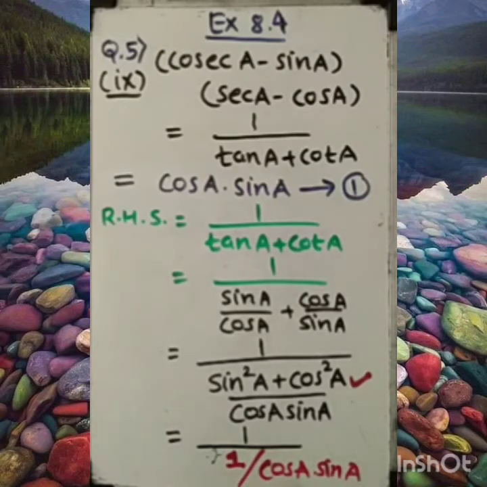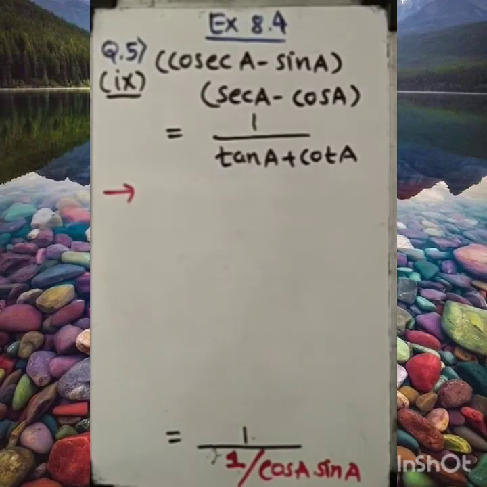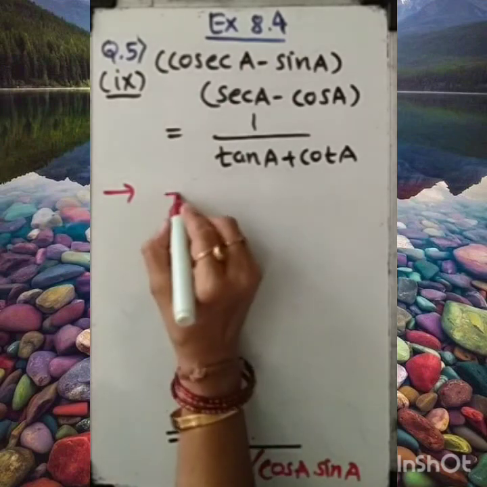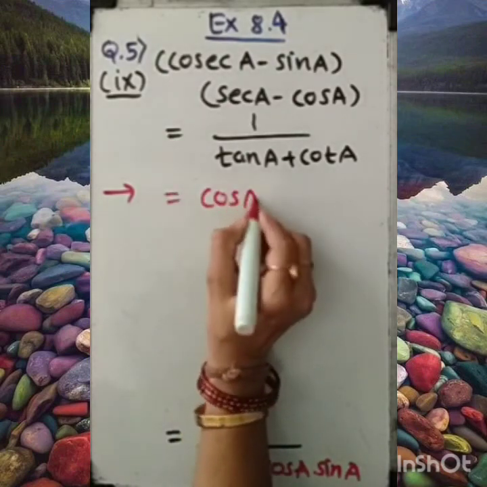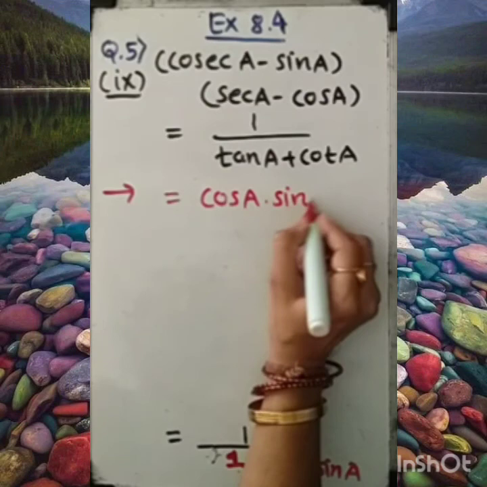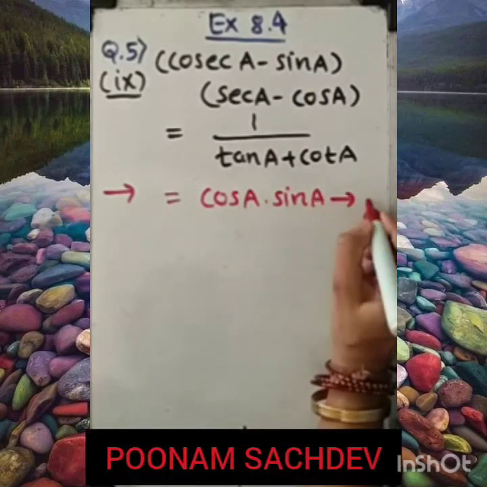Now you know very well, dear student, the denominator will become the numerator. So it will be cos A into sin A. This is the simplification of the RHS.